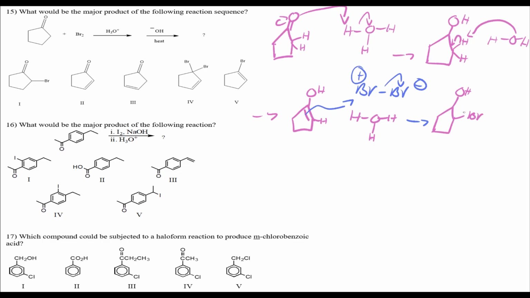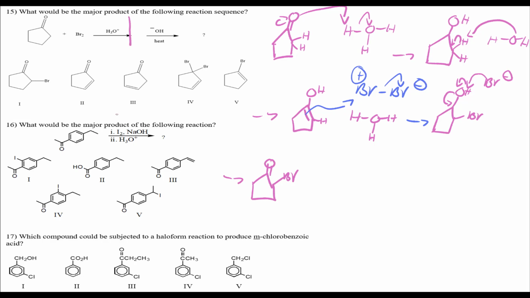So there you go. And now our other bromine can take out this hydrogen, and this bond will form. So basically it goes like that, and we have this guy. Okay, so that was the first part.